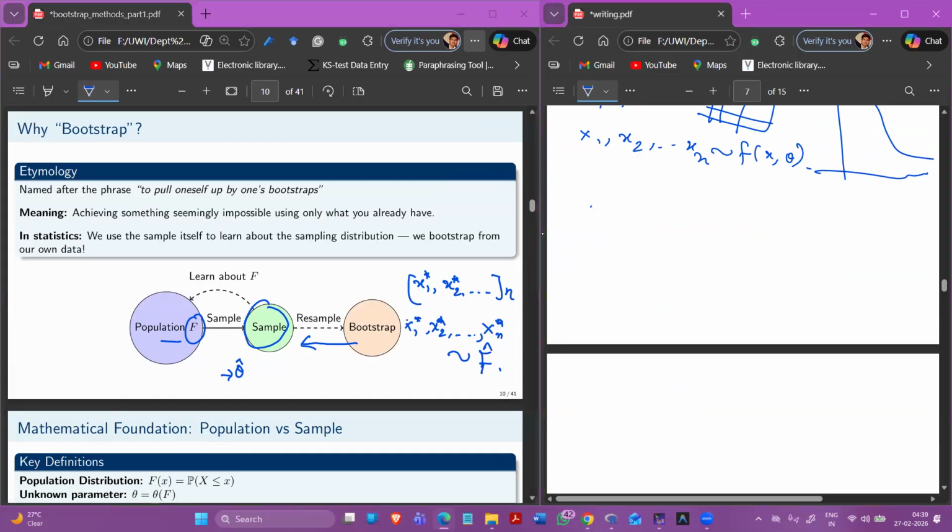So we will calculate theta cap star, that is our estimate from the sample that we generate from the resampling, that is bootstrap, that is t of x1 star, x2 star up to xn star. Here x1 star, x2 star, xn star is your bootstrap sample that you generate through resampling from the sample.